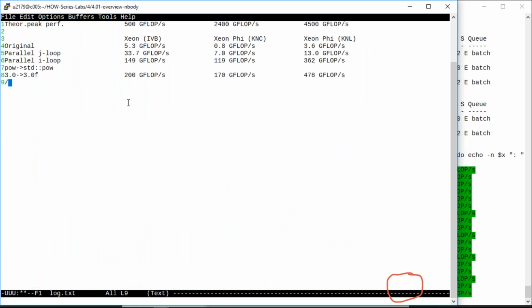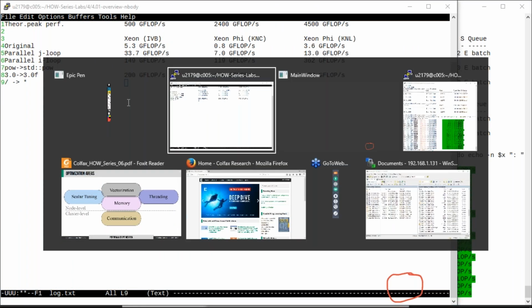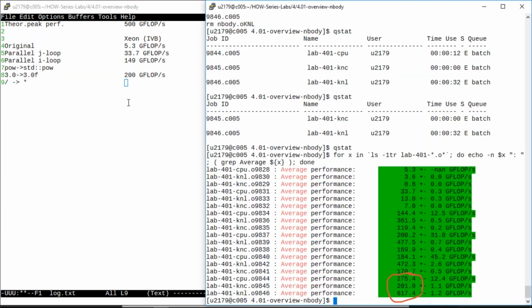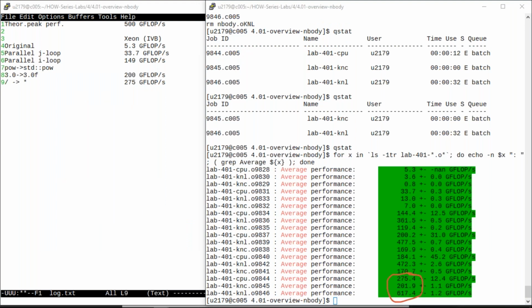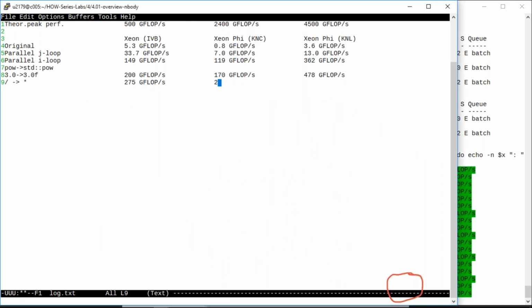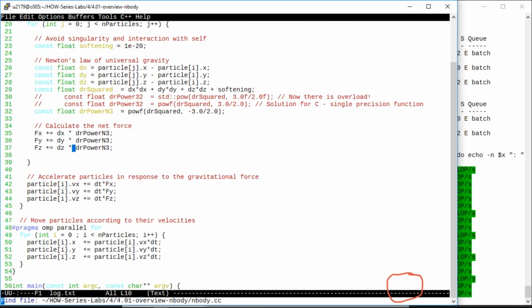What I did is I replaced divisions with multiplications, and this gave me 275, 202, and 602. So that's the operation that I performed, and I think it makes sense for this case.